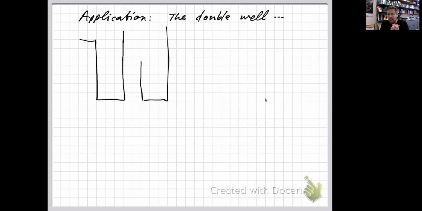sort of going down further in our physical interpretation of what it all means, let's look at a double well. So here's my potential energy. It has one well here, and then there's a barrier here, and then there's another well here. Maybe that barrier is very, very high.